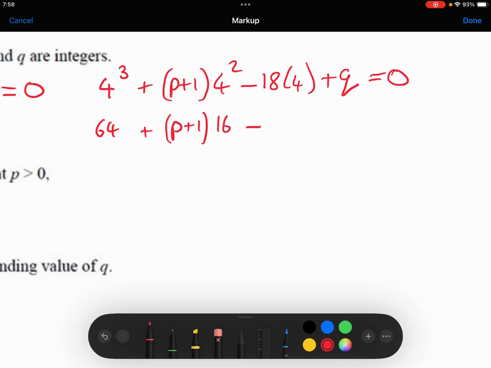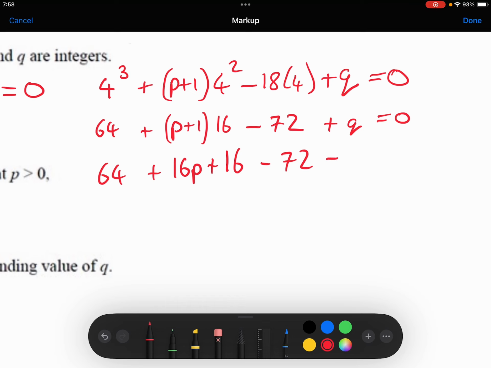The minus 18 times 4 is minus 72. And we've got the plus q. I'm just going to expand those brackets now. So we'll have the 64 plus 16 times p plus 16 times 1 minus the 72 plus the q is equal to 0.